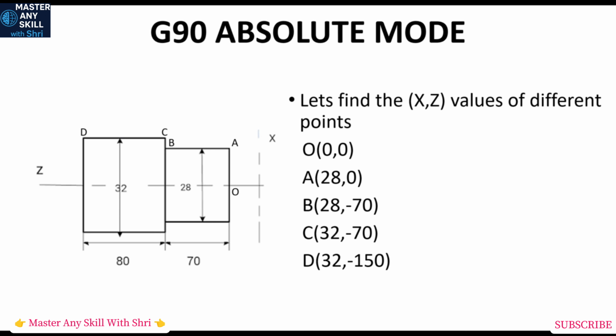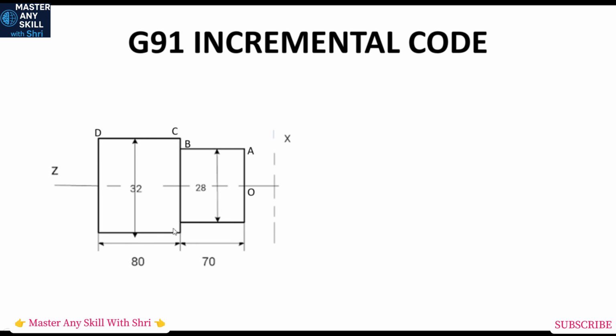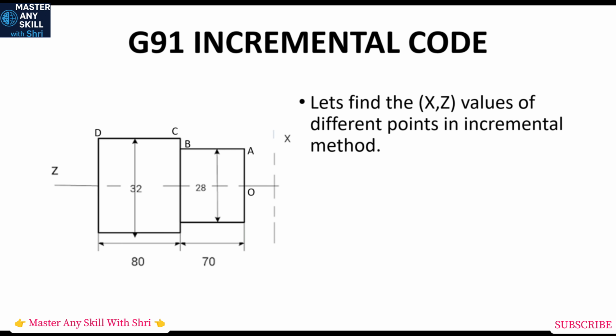So now let's see incremental mode. For this we use G91 code. In this mode, the preceding point is considered while calculating coordinates. So here coordinates of O will be the same, 0, 0. What about A?